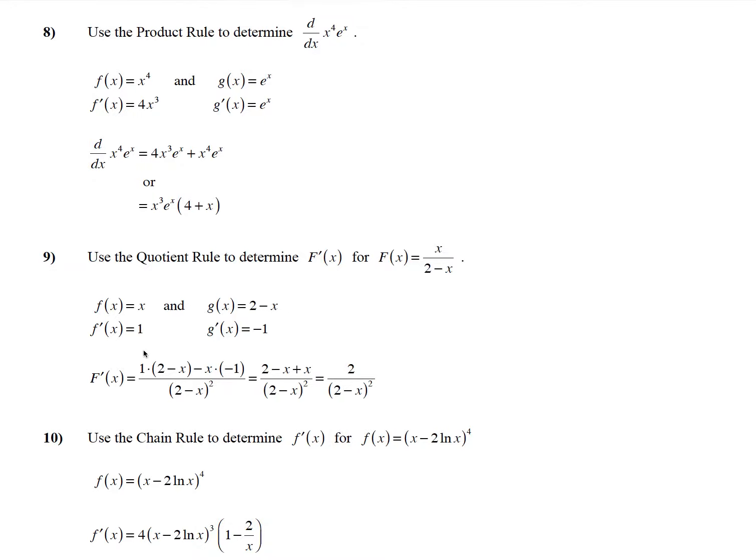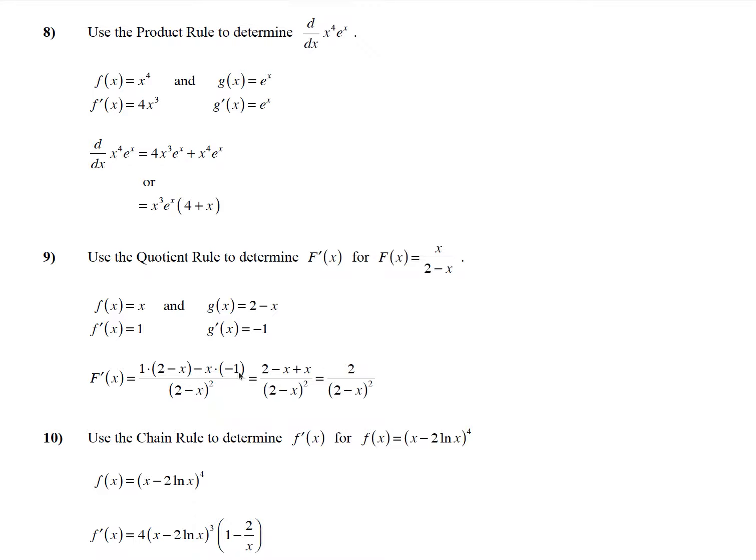So what's f prime? F prime is 1, and g is 2 minus x. So that's the first expression in the numerator. And then f of x is x, and g prime is negative 1.